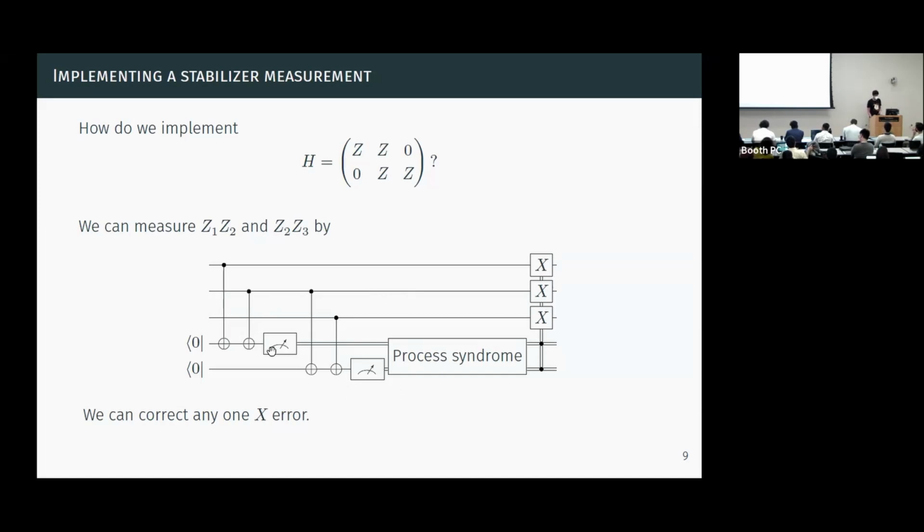We would get a 1 outcome in this measurement. So then our classical computer can be like, hey, Z1 Z2 was flipped, but Z2 Z3 was not. So therefore, there must have been an error on X1, like on the first qubit, and we can correct it. I hope that's somewhat clear.